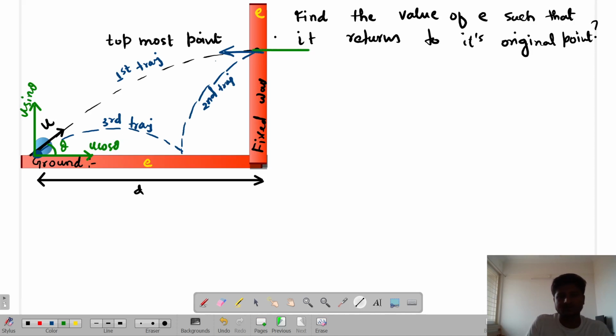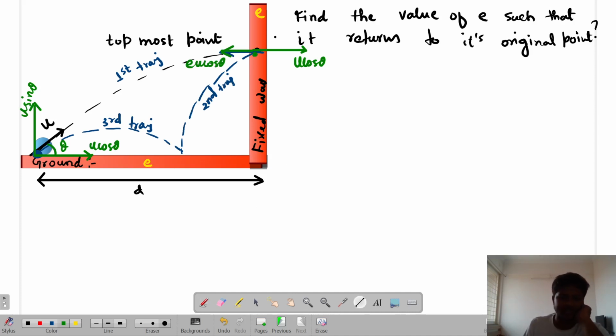Here the horizontal velocity will be u cos theta, but the velocity along the back side will be e times u cos theta, isn't it? For this ball which is falling. Is that clear?